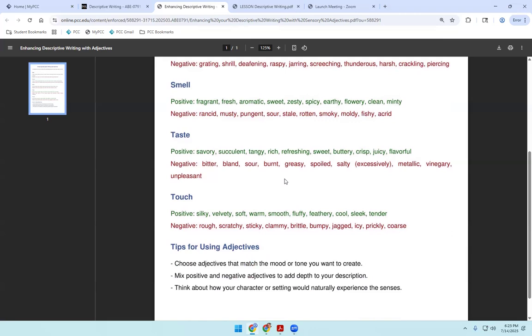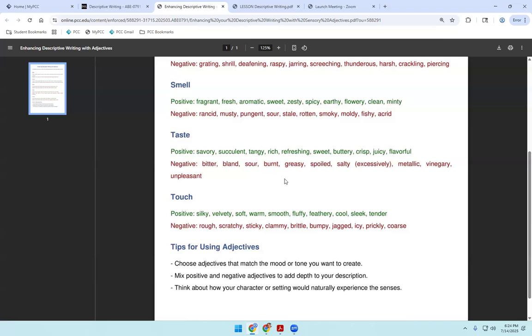For smell, some positive ones can be fragrant, fresh, aromatic, zesty, spicy. Ones that we might not like to have are rancid, musty, pungent, sour. And when I say negative around each of these, it's not like don't use these words. If you want to describe something in a less desirable way, these are really great words.